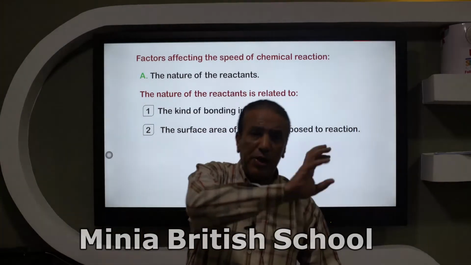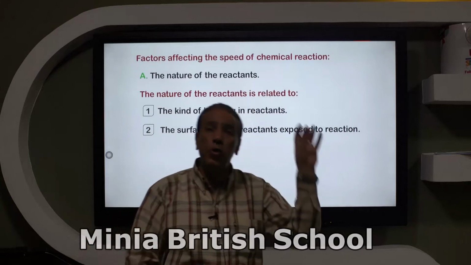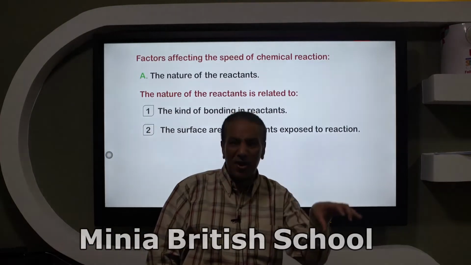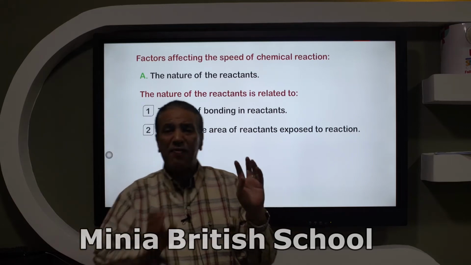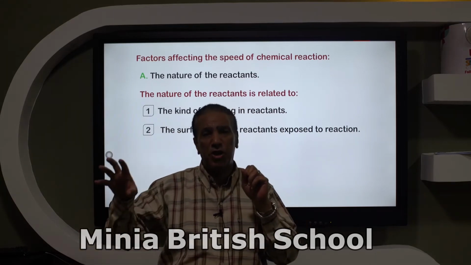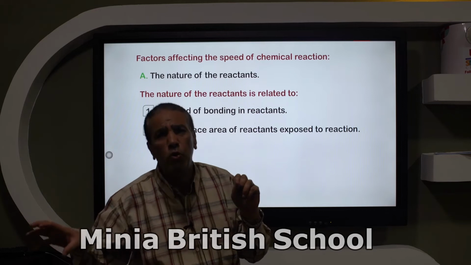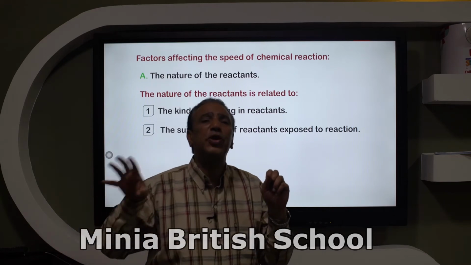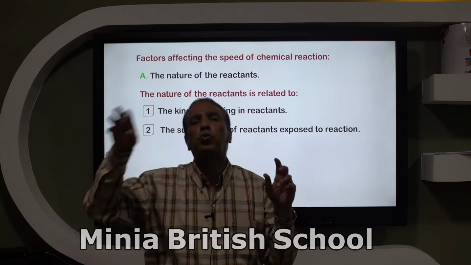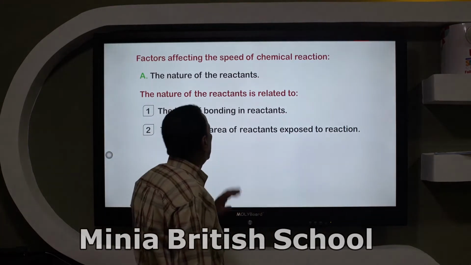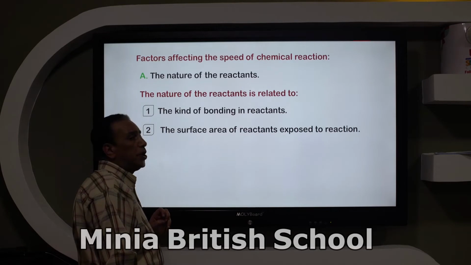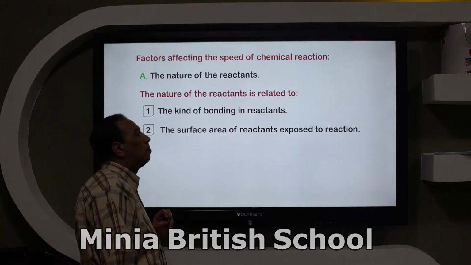One of them is ionic, the other is covalent. If it is ionic, the reaction will be fast because it takes place between the ions. If it is covalent, the reaction will be slow, because it takes place between the molecules, not between the ions. This is the kind of bond between the reactant molecules.